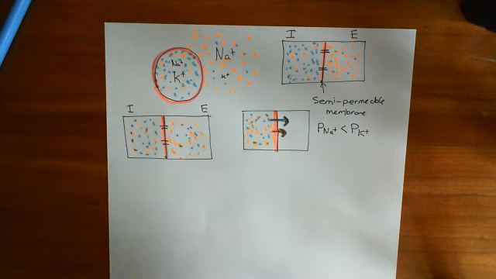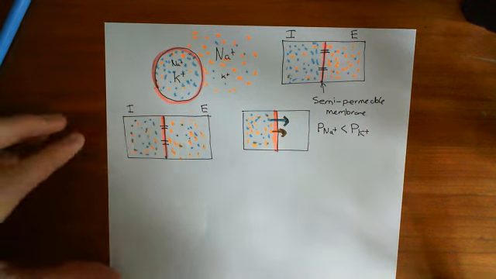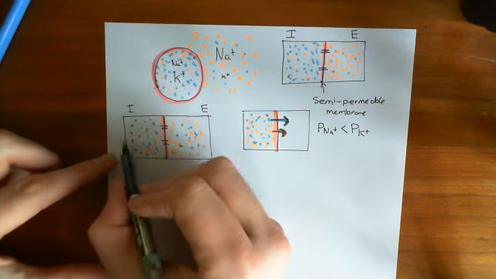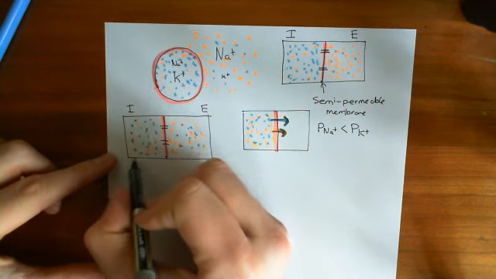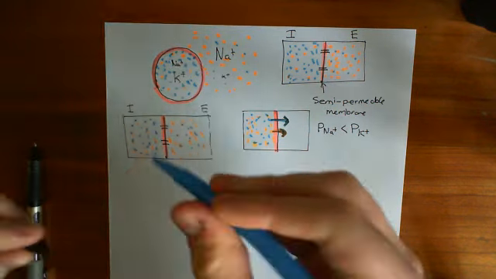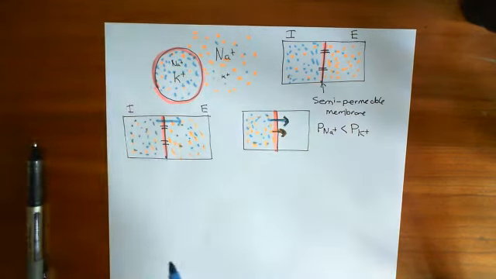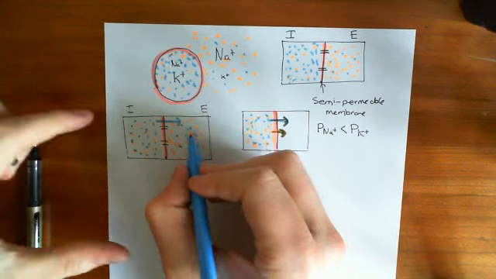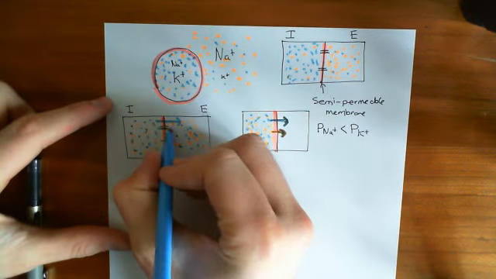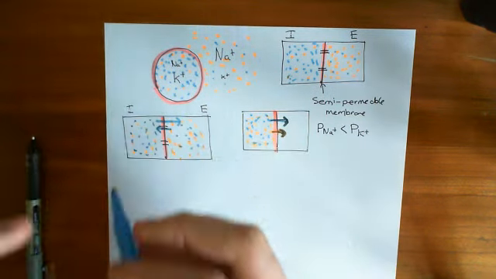So what happens is, because there is a greater concentration of potassium on this side, the movement of potassium ions from the intracellular component to the extracellular component is greater than the movement of potassium ions from the extracellular component to the intracellular component.